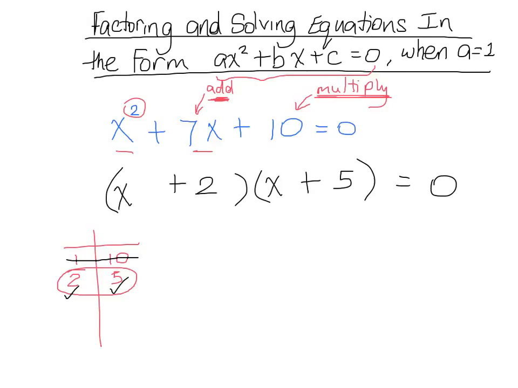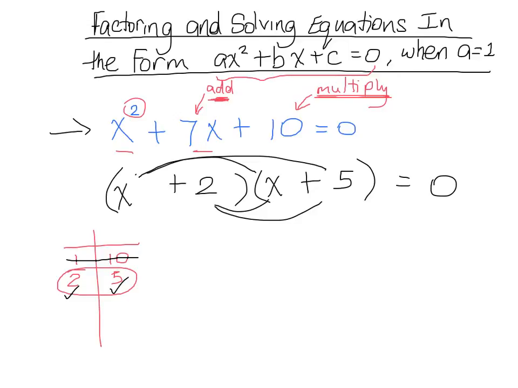If we were to multiply everything out, first, outer, inner, last, FOIL, that would give you your original. We're not going to do that, but that's a great way to check if you are correct. And in this case, we are.